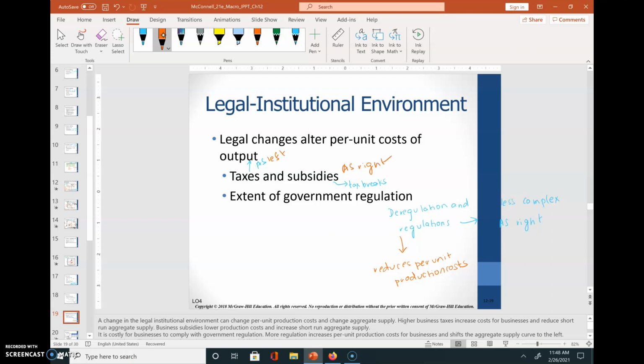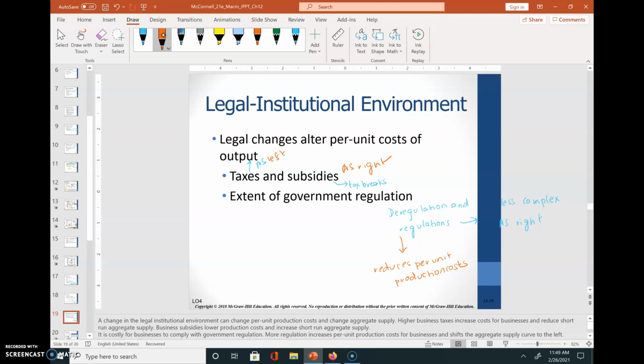Okay. Now we look at the extent of government regulations. Say we have less complex regulations and probably there are deregulations in certain sectors. Those will reduce per unit production costs and will make the aggregate supply curve shift to the right.